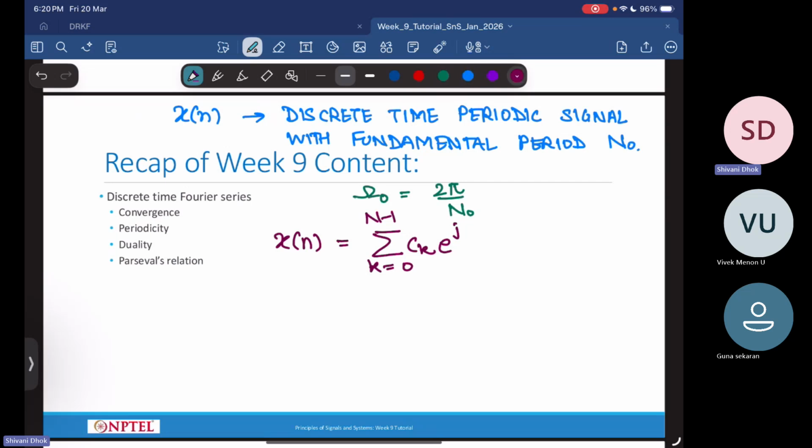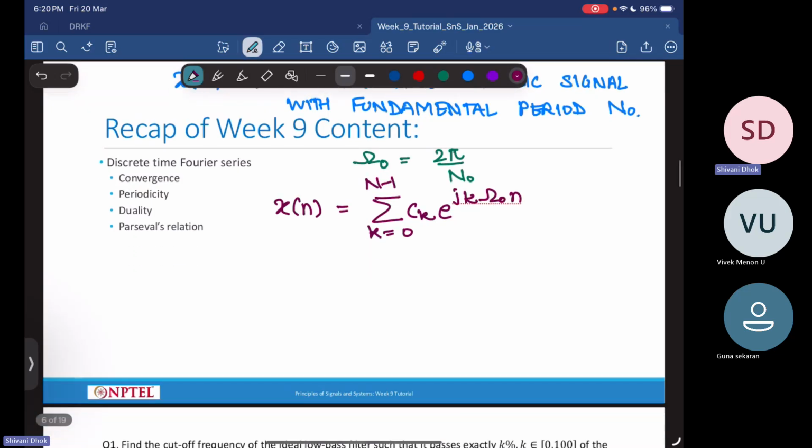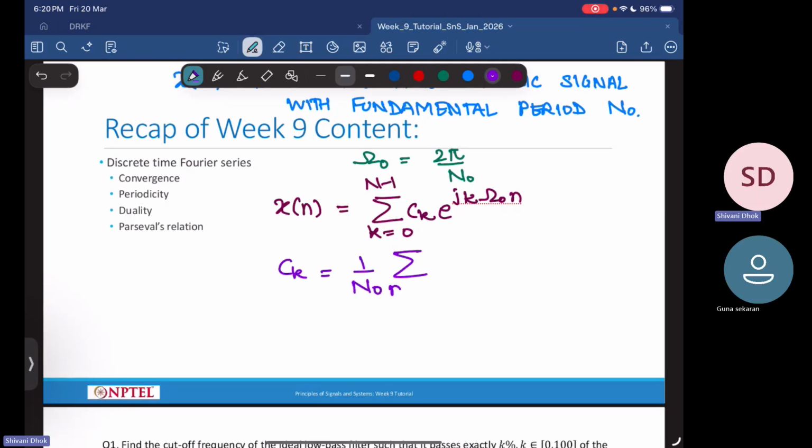So e power j k omega naught n, and you can obtain these ck's using 1 by N naught summation over n in any range of N naught of x of n into e power minus j k omega naught n. So this is your discrete time Fourier series representation.